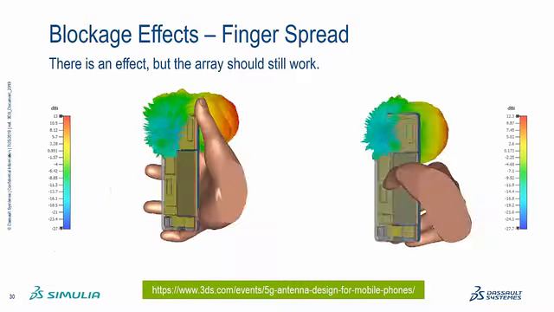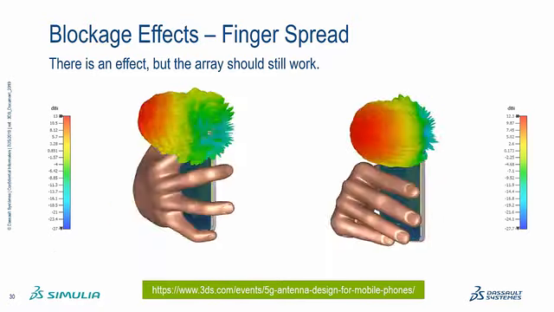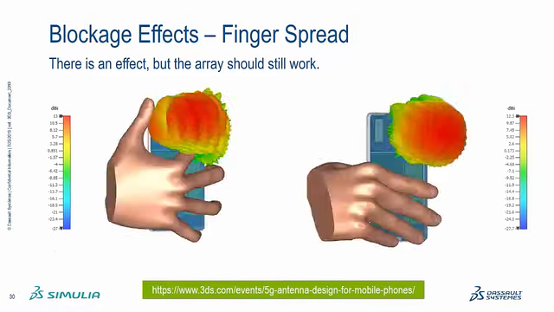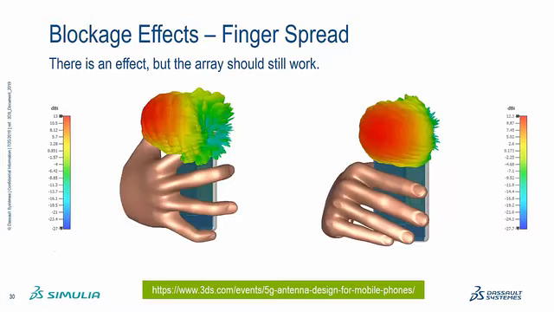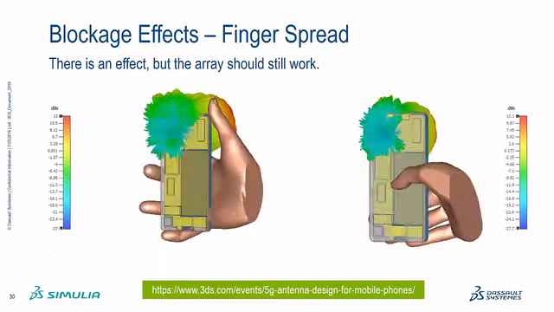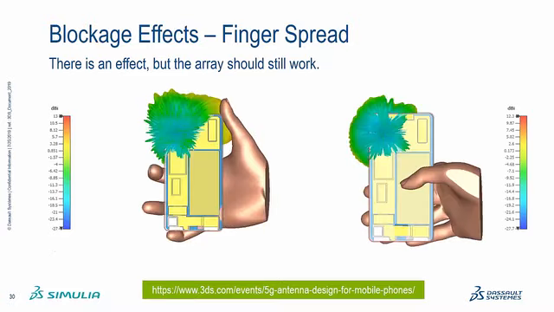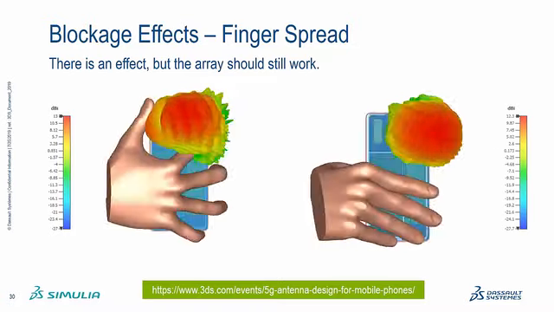And on the right, we're not blocking it, and it's radiating even better. But this could, for example, guide the antenna engineers or the phone designers to understand how many arrays I need to place in the phone to ensure a good communication performance in all directions, regardless of how, or let's say average use by a cross-section of users.